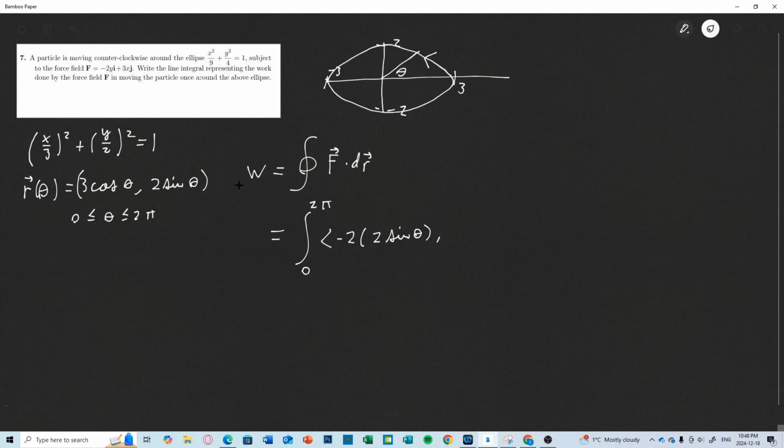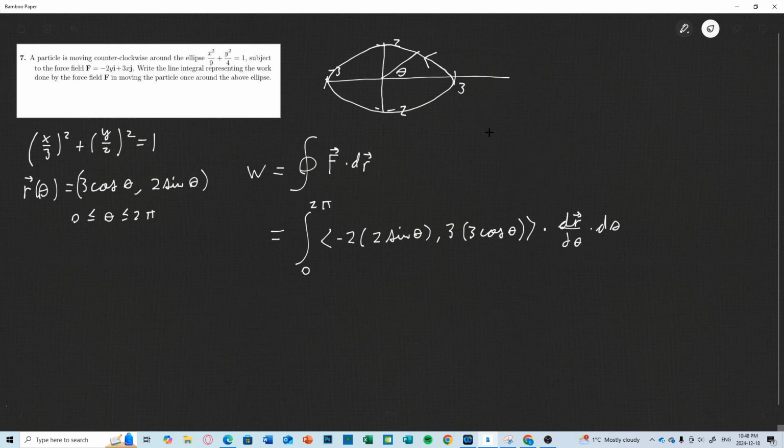And then we have to change our 3. Instead of x, it's going to be 3 cos theta. But now we need to multiply it by dr. In line integrals, dr becomes dr over d theta times d theta.